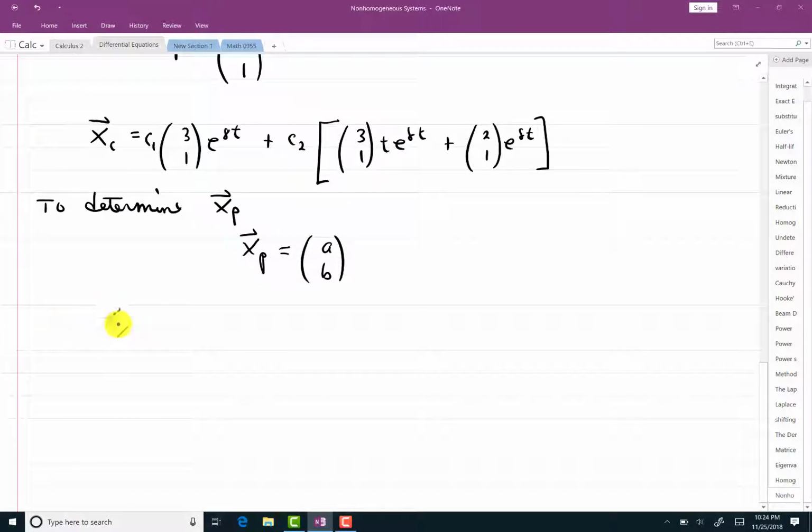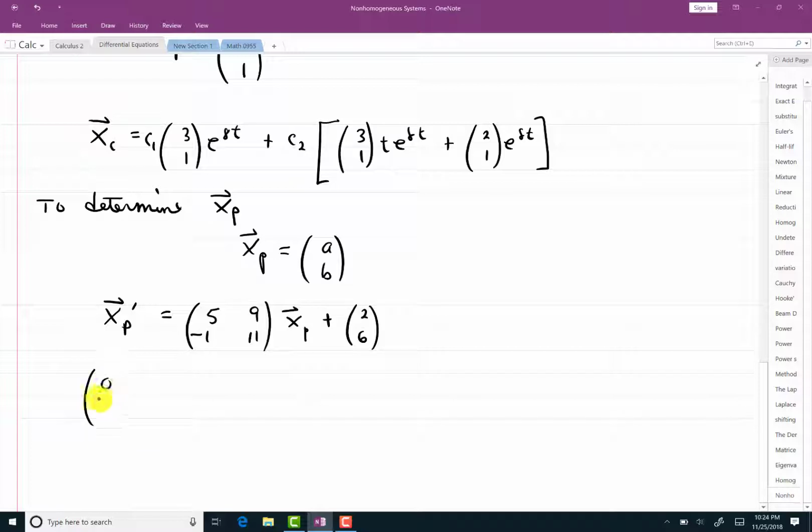So we want xp prime to equal A, which is 5, 9, negative 1, 11, the original matrix, times xp plus 2, 6. Well, if I take the derivative of a constant vector, I get 0, 0.